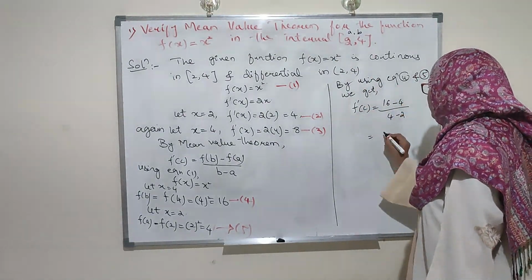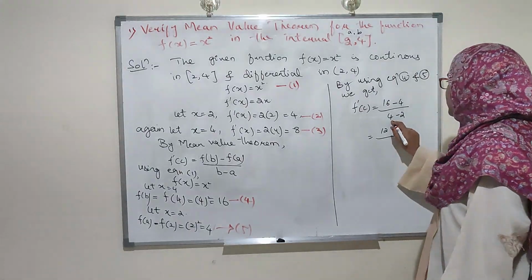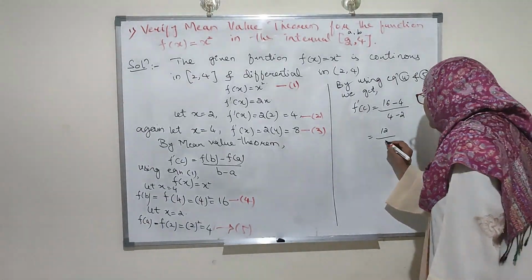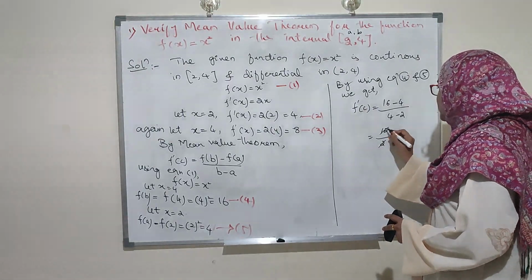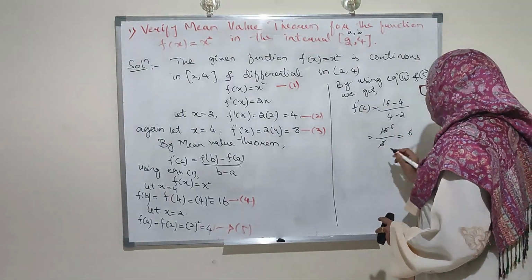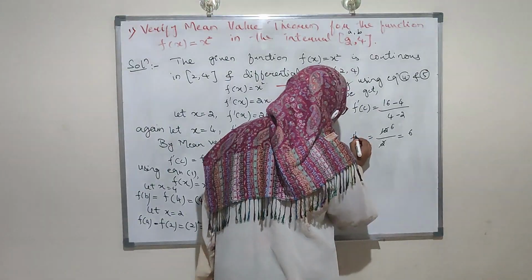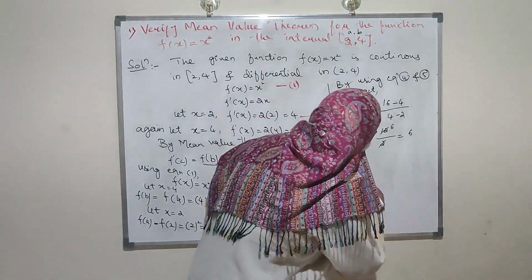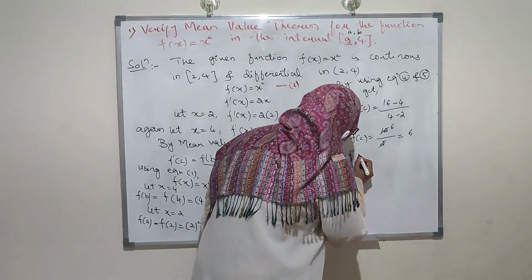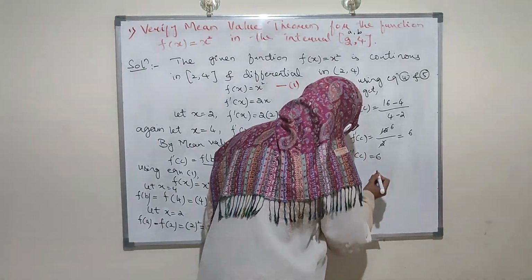Then 16 minus 4 is 12, divided by 4 minus 2 is 2. So 2 sixes are 12. So f dash of c we got finally is 6.